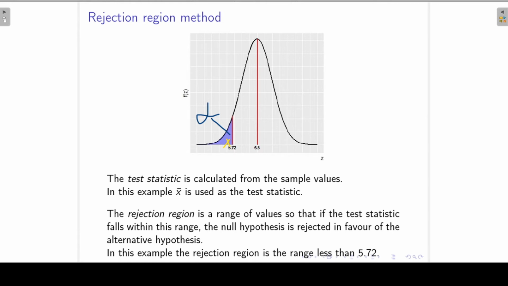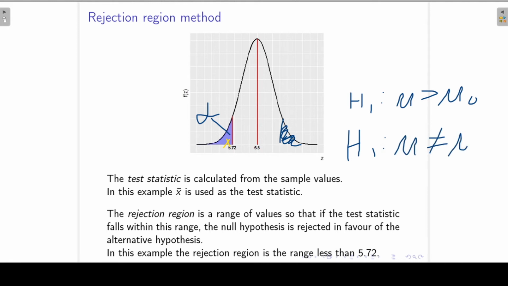If our alternative hypothesis was a right-sided alternative, in other words, if we had something like this, then the cutoff value would have been on the right. And if my alternative was a two-sided alternative, then we would have a rejection region to the left and also to the right.